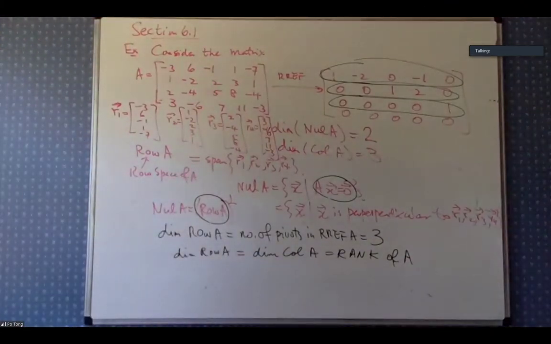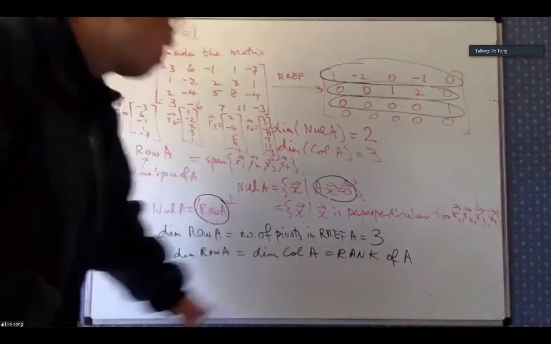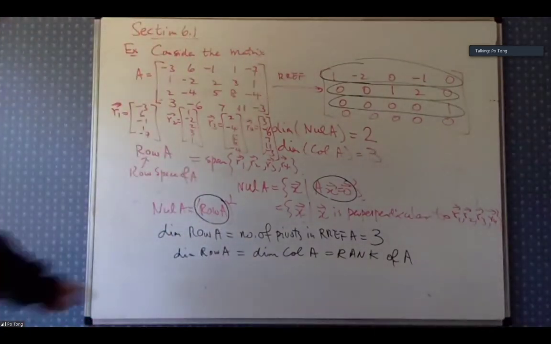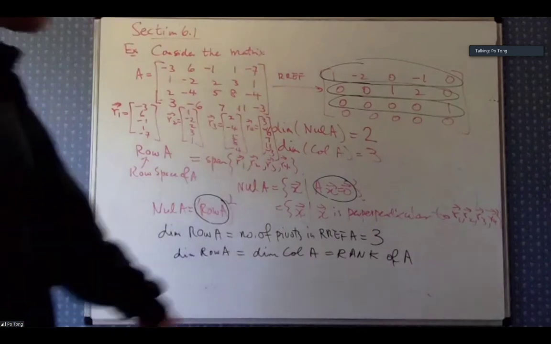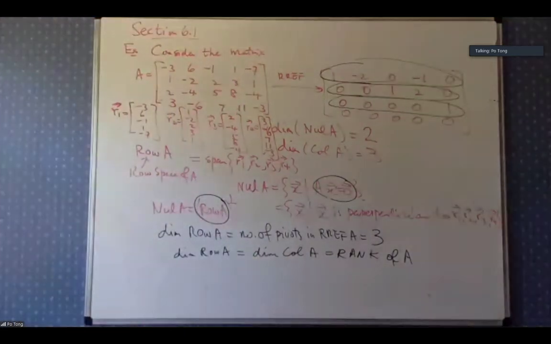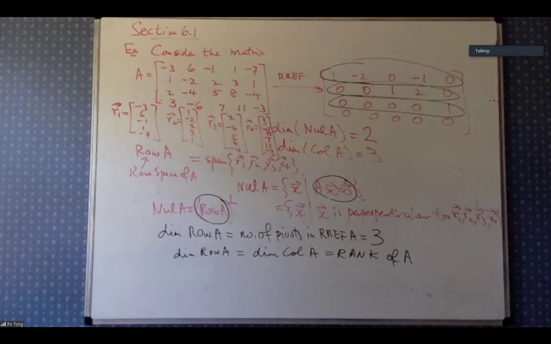When you consider pivot rows or pivot columns, it's the same as the number of pivots. So both of these are equal to the rank. Is it okay?